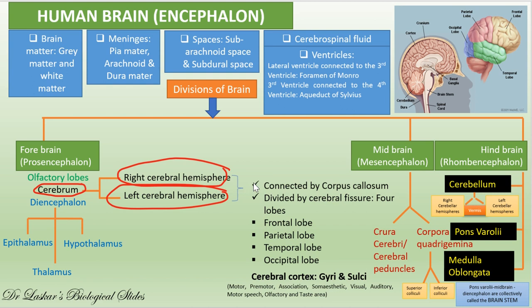These two hemispheres are connected by the corpus callosum, and they are divided by the cerebral fissure. Each cerebral hemisphere is further divided by deep fissures into 4 lobes: frontal lobe, parietal lobe, temporal lobe, and occipital lobe.